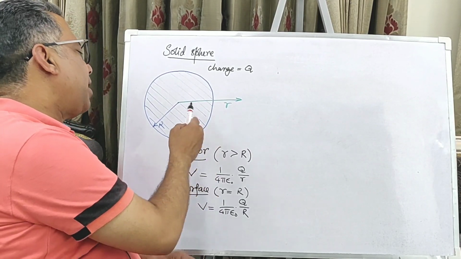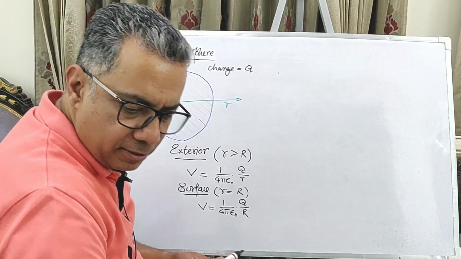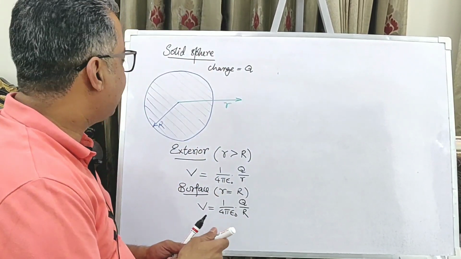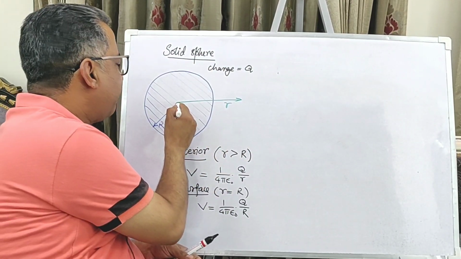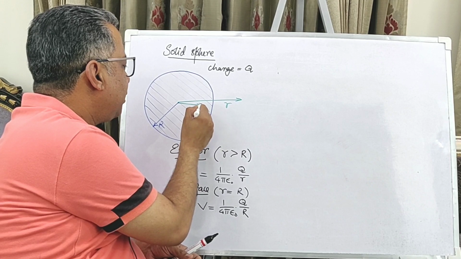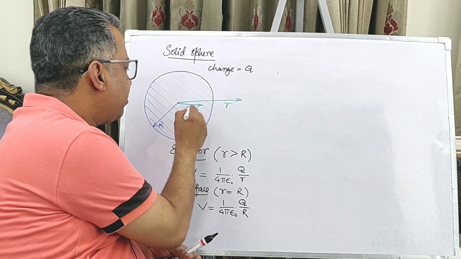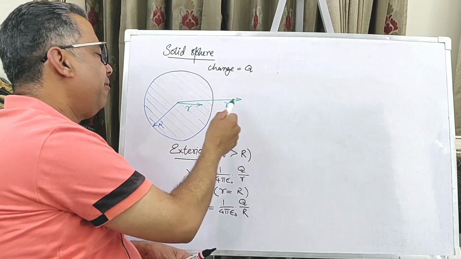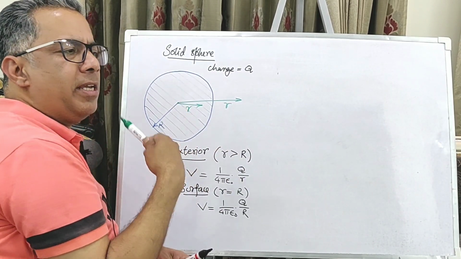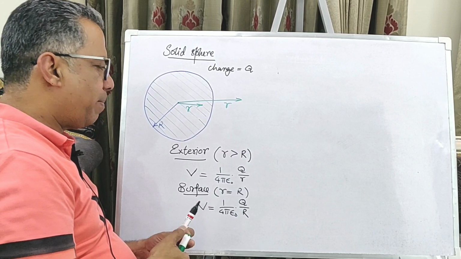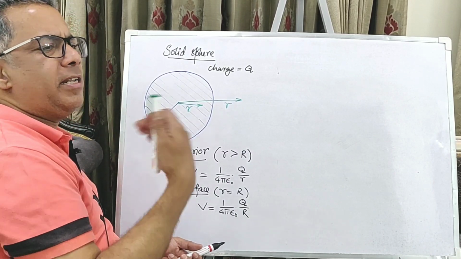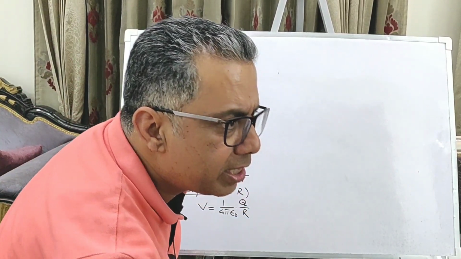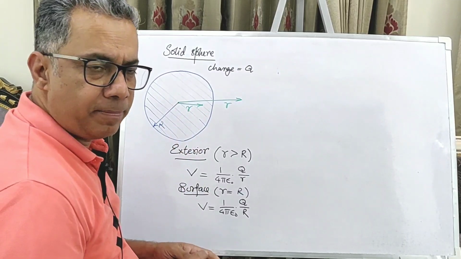Now to calculate the potential inside the sphere, let's say we have this point here at distance small r from the center, and we bring a unit positive charge from infinity to this point, calculate the total work done on it by the electric field, and then we take a negative of that work done and we get the potential at this point.